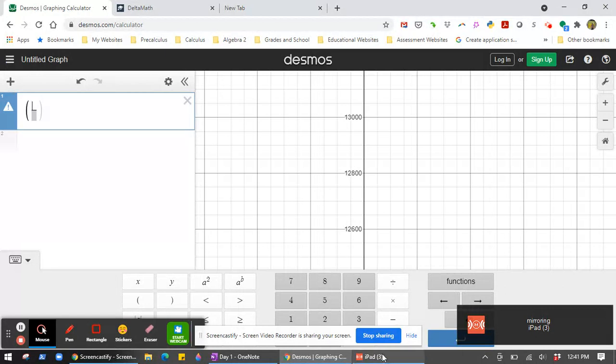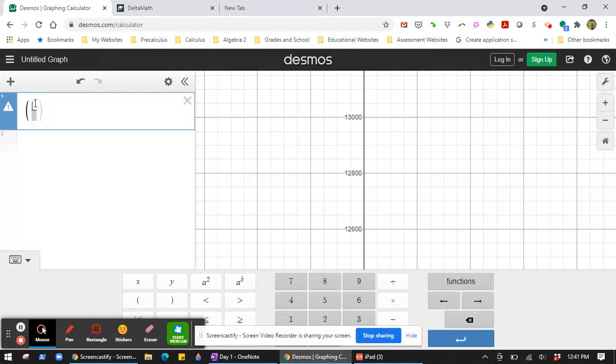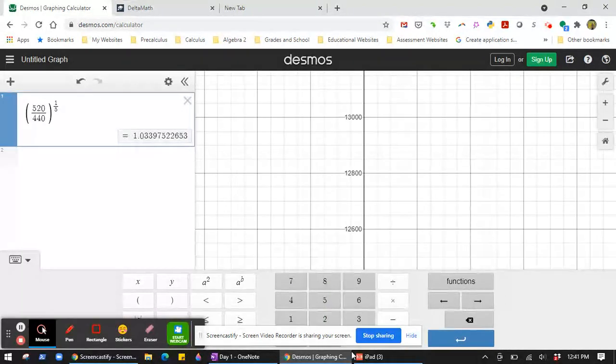Because look, I've got 520 over 440. I've got to raise that to the 1/5. 520 divided by 440, I'm going to exponentiate that to the 1 divided by 5. Okay, I go down and I subtract 1 from that.